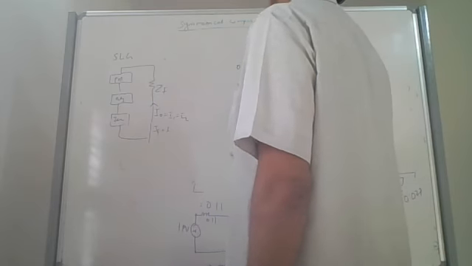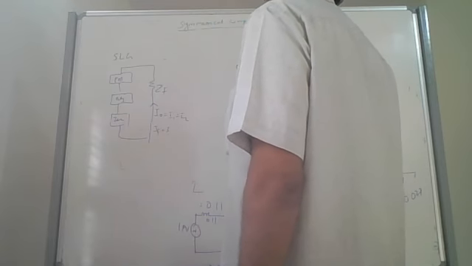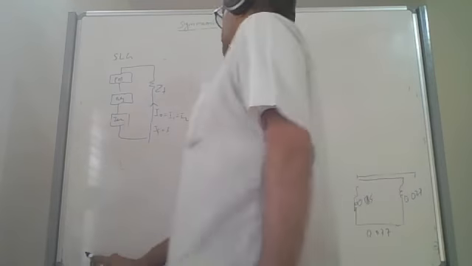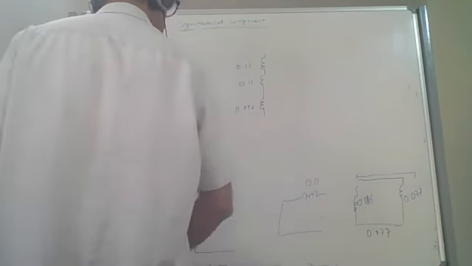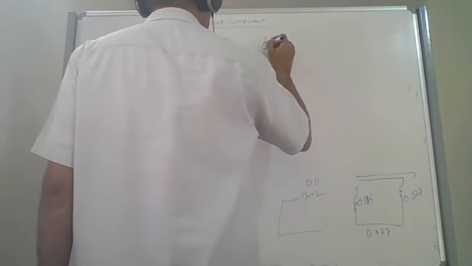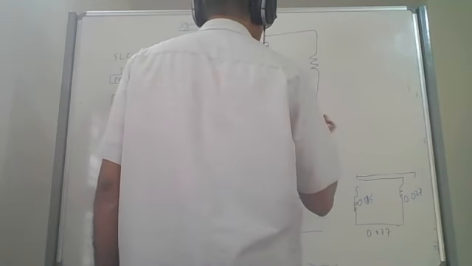Add all these three. At the positive sequence side, I will have my voltage source also. This is the fault impedance.